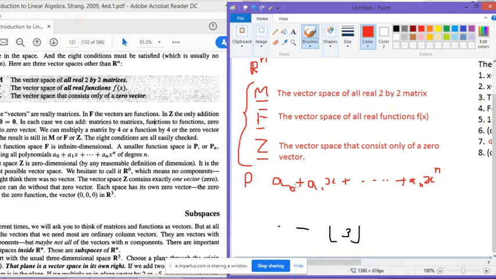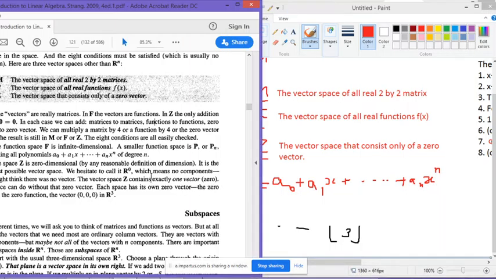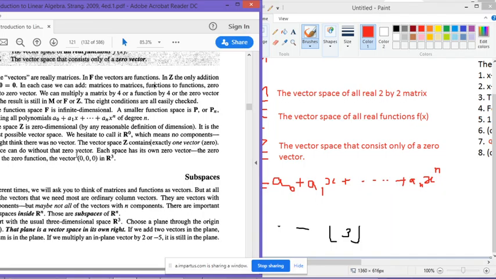This kind of polynomial equation you come across very often. So we can write P is equal to a0 plus a1x plus a2 x squared plus so on plus an x^n. Here the n represents the degree. And the space Z is zero dimensional.